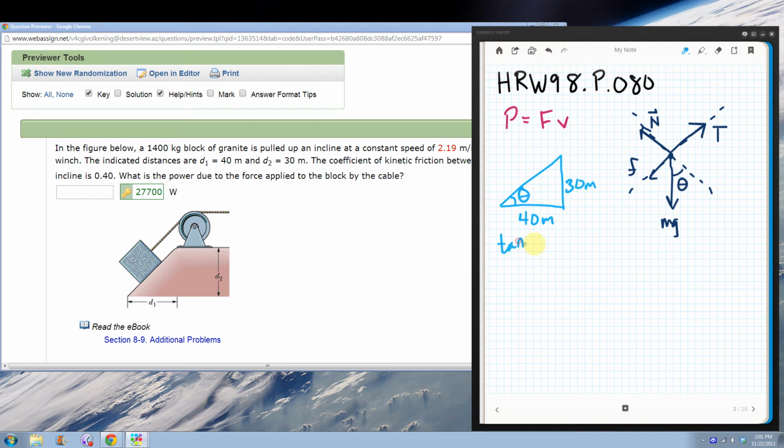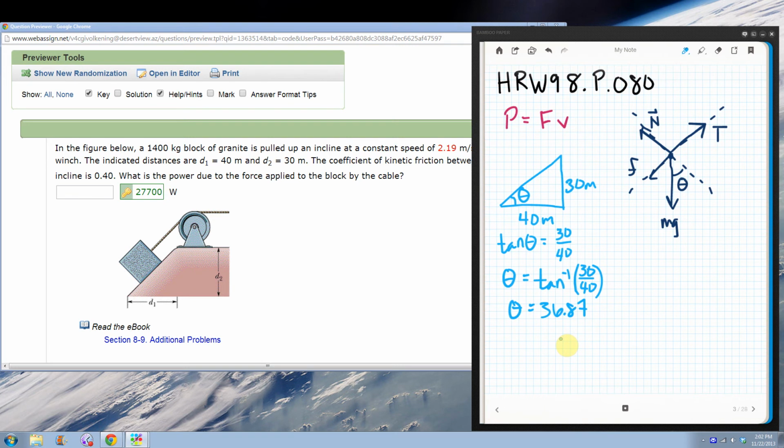The tangent of that angle is 30 over 40, or 3 over 4. So the angle is the inverse tangent of 3 over 4. In the calculator, that angle is 36.87 degrees. I'm going to need that later.